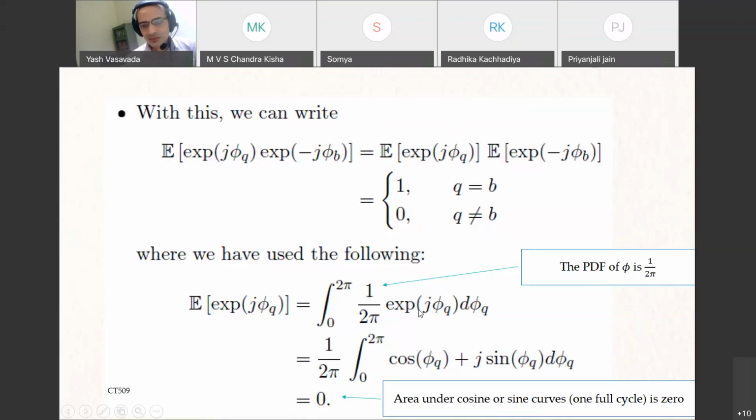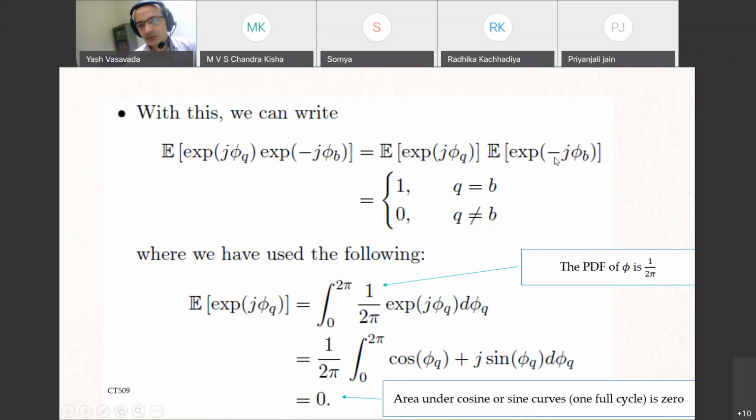But now this complex exponential function integrated over 0 to 360 degrees is actually 0, because both the cosine and the sine, if I integrate them over 0 to 2 pi, the answer becomes 0. So that is how I got this 0 here for q not equal to b.